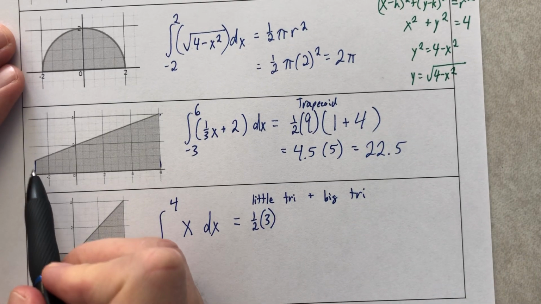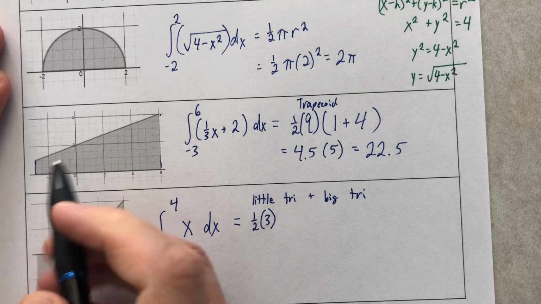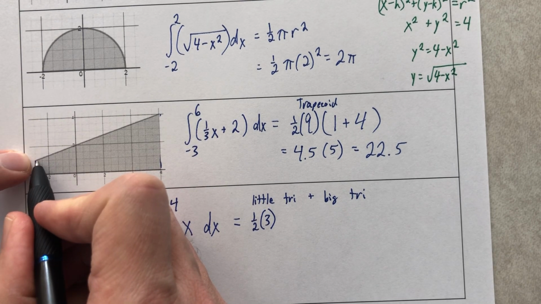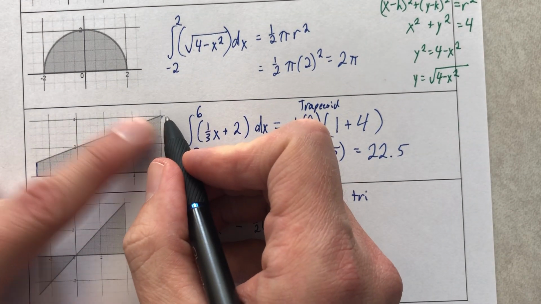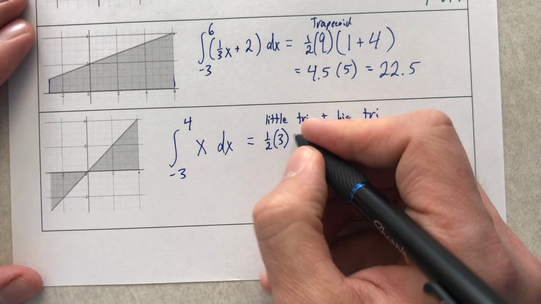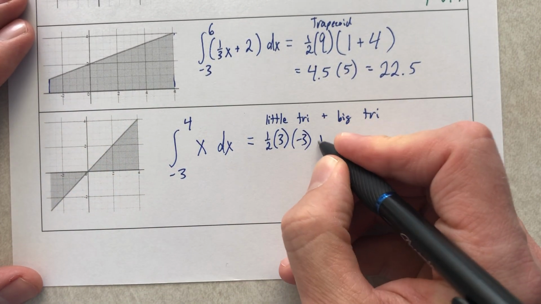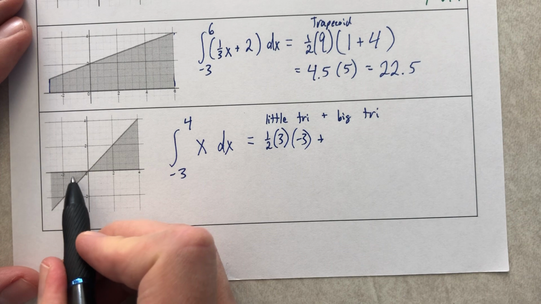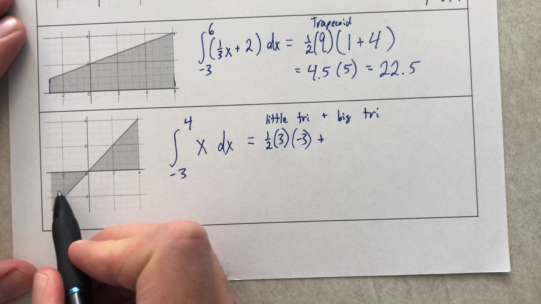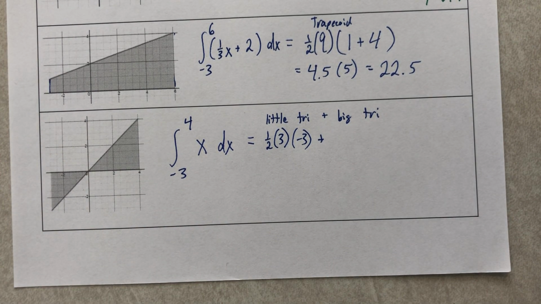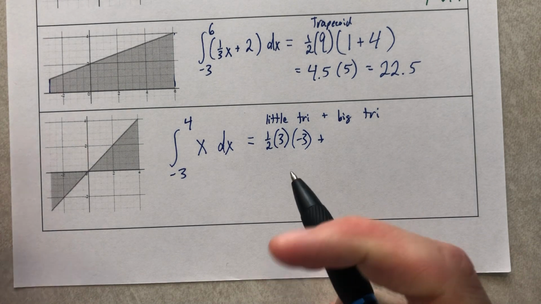Like here when I said, oh, it's 1. The value of the function was 1. The value of the function was 4. The value of the function is -3. That's going to result in a negative area. I know that sounds like a wacky thing, but computationally it works.